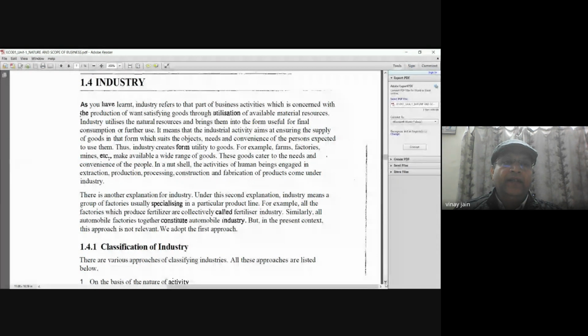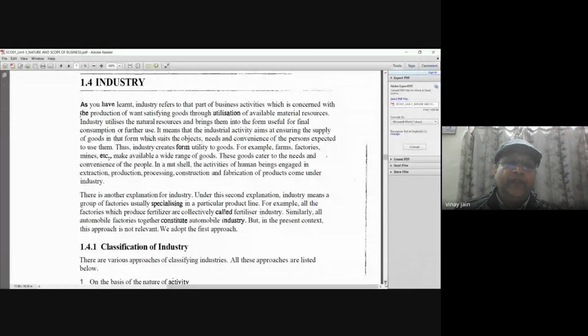As you have learned, industry refers to that part of business activity which is concerned with the production of want-satisfying goods through utilization of available material resources.